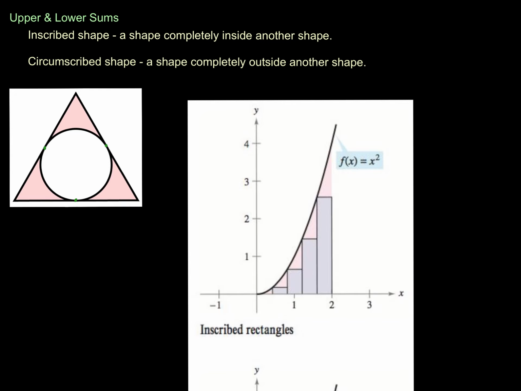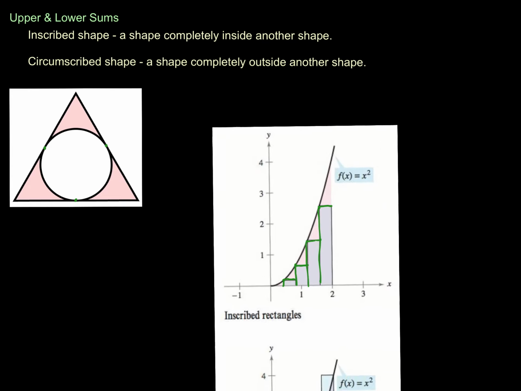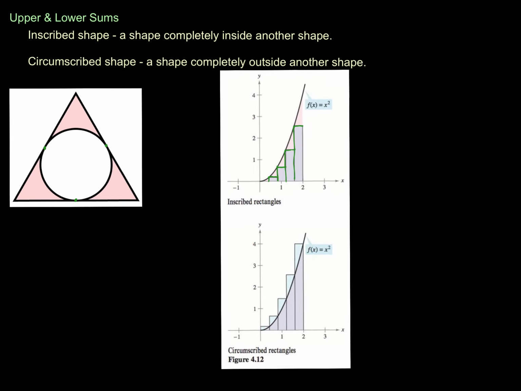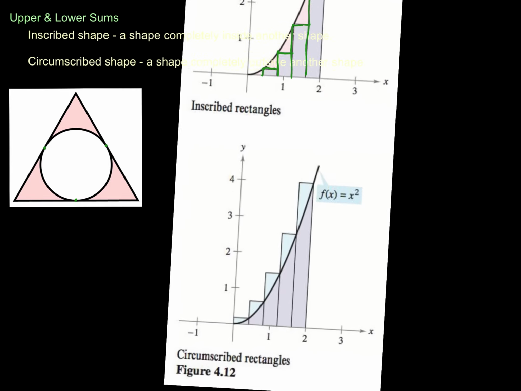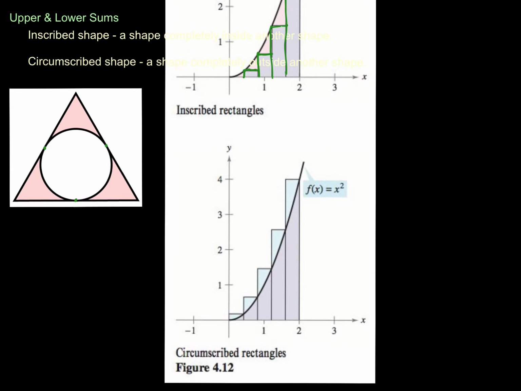The way the curvature of y equals x squared goes, if you notice, the left endpoint Riemann sum is inscribed. And if you were to compare that with the same graph, y equals x squared, with the right endpoints, the right endpoints are circumscribed, as they lie outside of the area under this curve, f of x equals x squared.